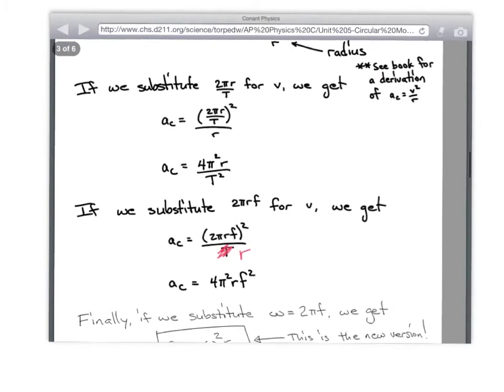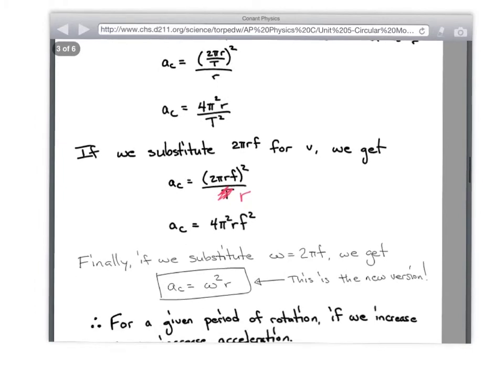Okay, lastly, we know omega. You guys remember I told you to memorize this yesterday? Omega is 2 pi f, right? So if we substitute omega as 2 pi f, this equation just becomes centripetal acceleration is omega squared r. And this actually is the simplest way to write it.